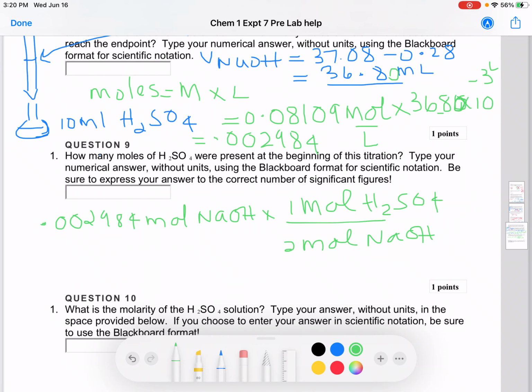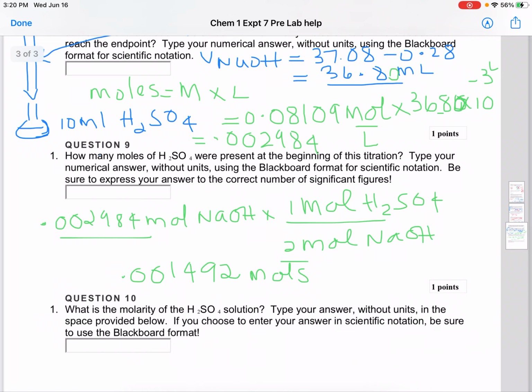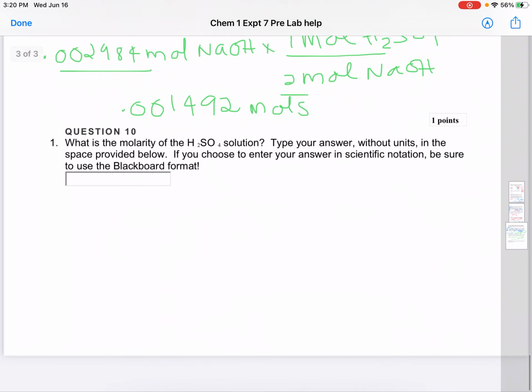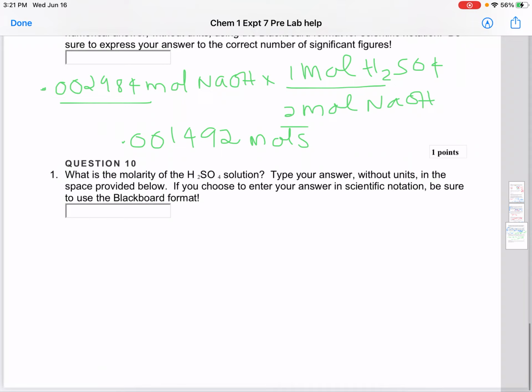So basically this number you divide by 2. That will give you the number of moles of sulfuric acid, which would be 0.001492 moles sulfuric acid.